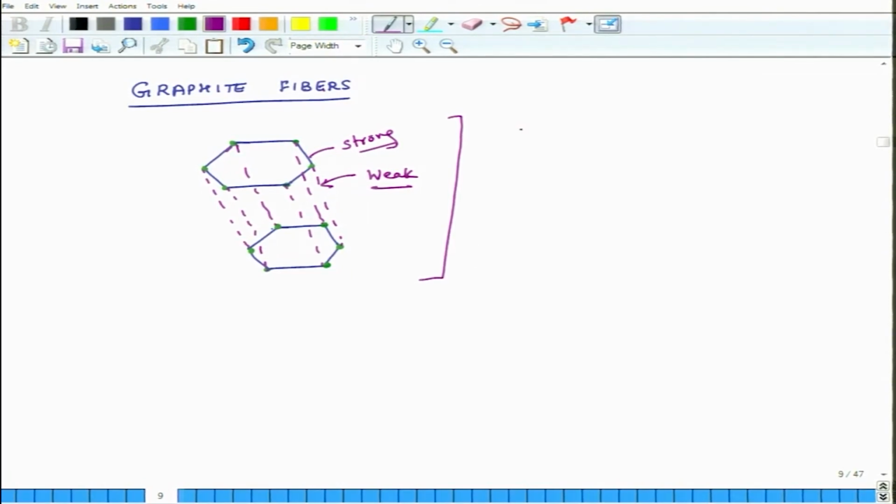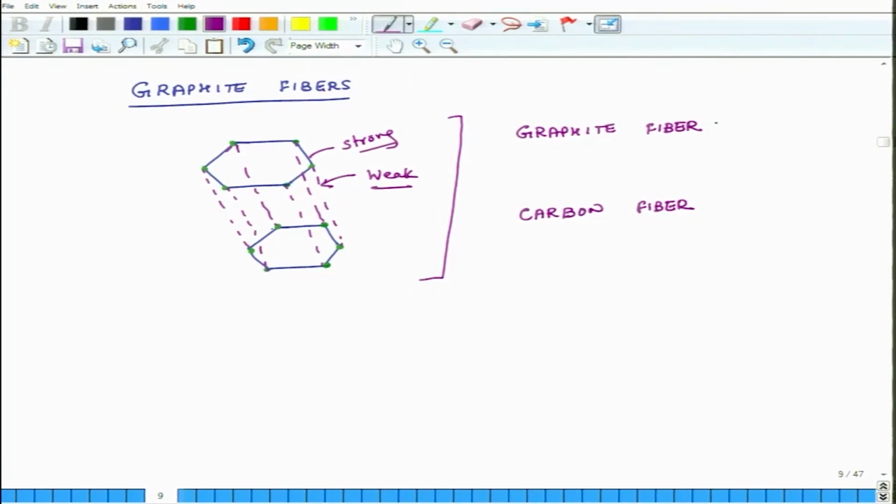Sometimes people use the term graphite fiber, and other times they use the term carbon fiber. Now, if you are careful, this distinction has a meaning.